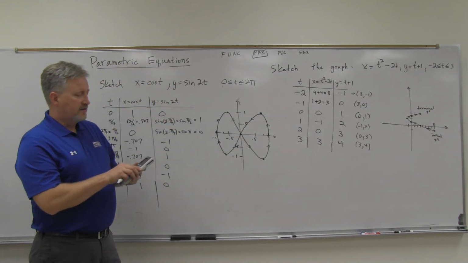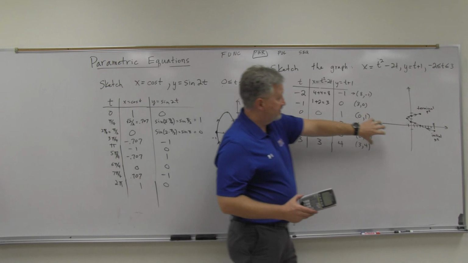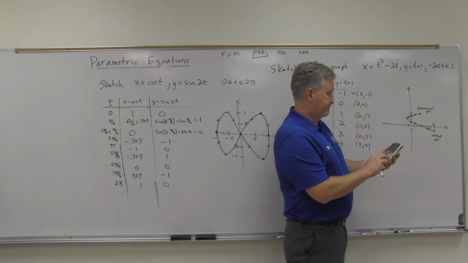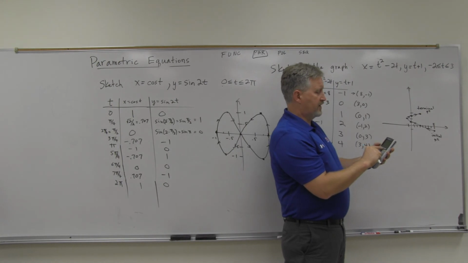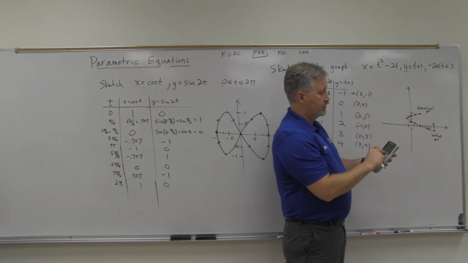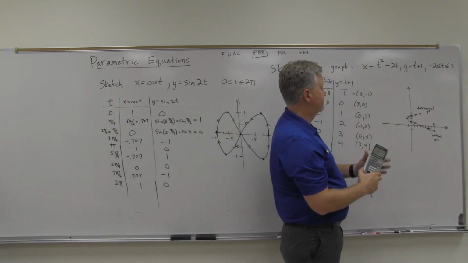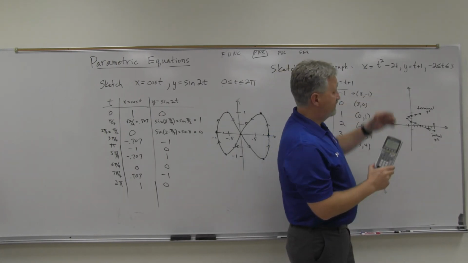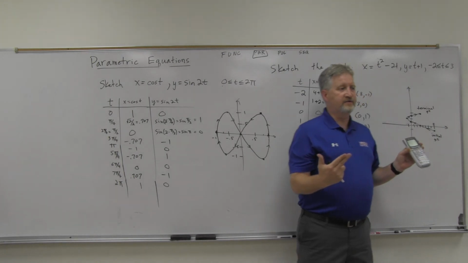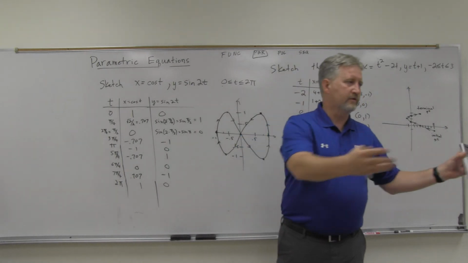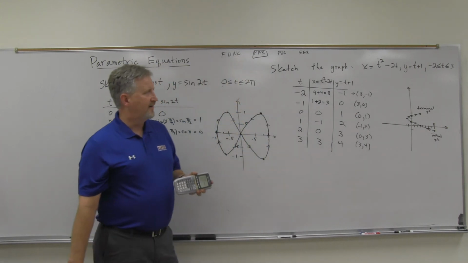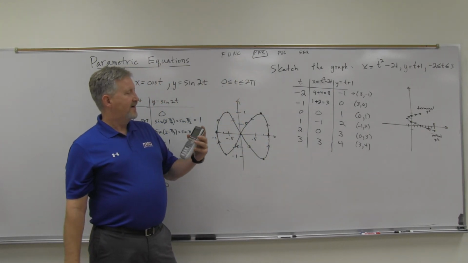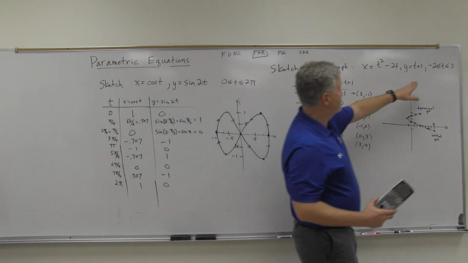But the other thing, once you get those X and Y entered, you also need to go to window. If you go to the window on the TI-83s anyway, or you guys have different TIs than me, but hopefully similar, you can set it.